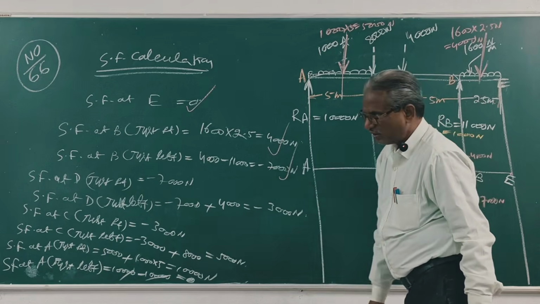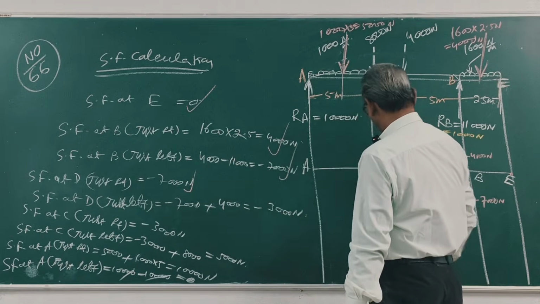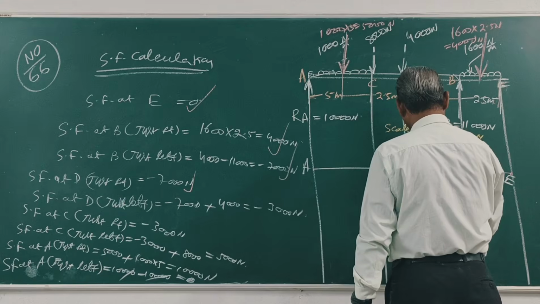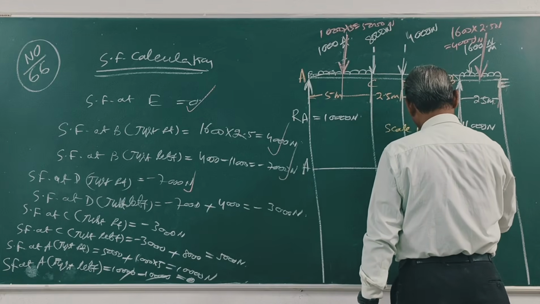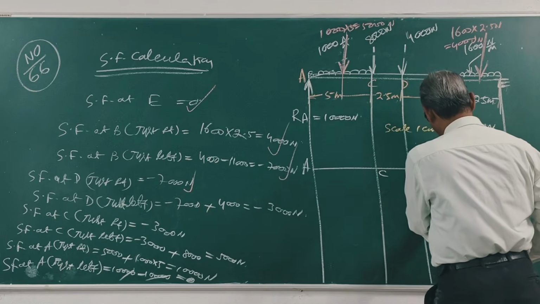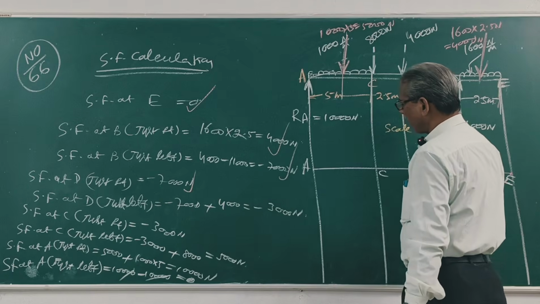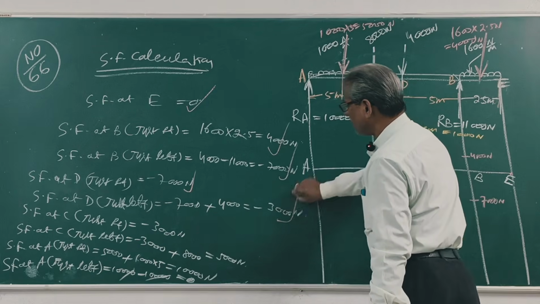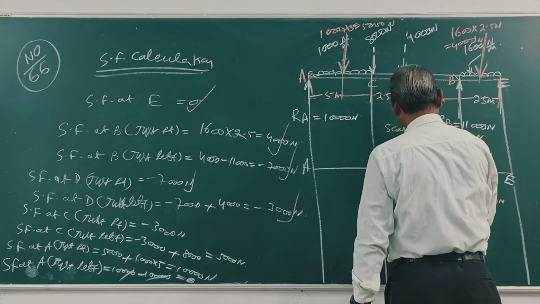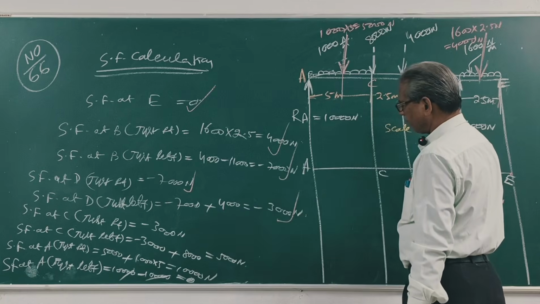Clear? D just right, minus 7000 Newton. D just left, minus 3000. Right?